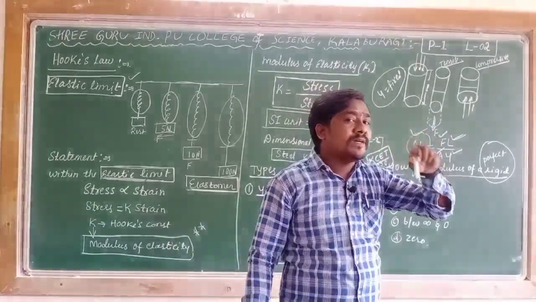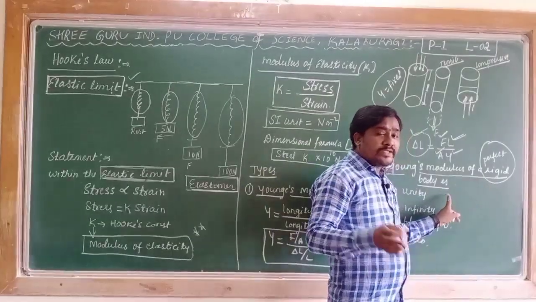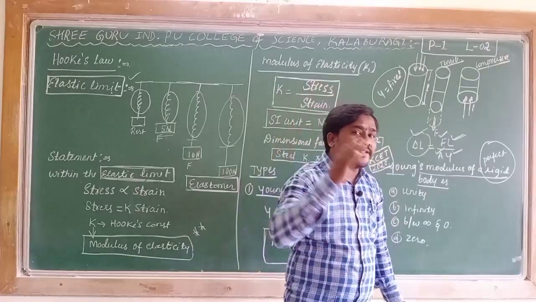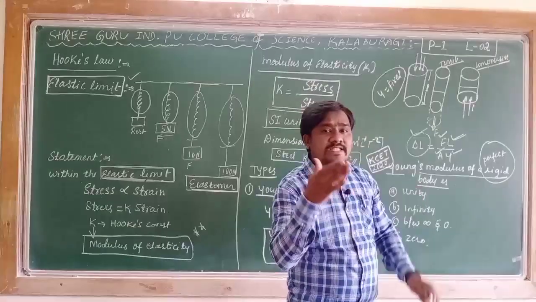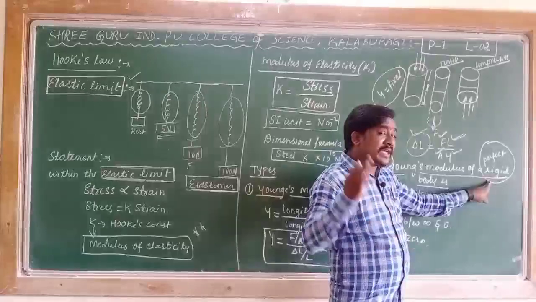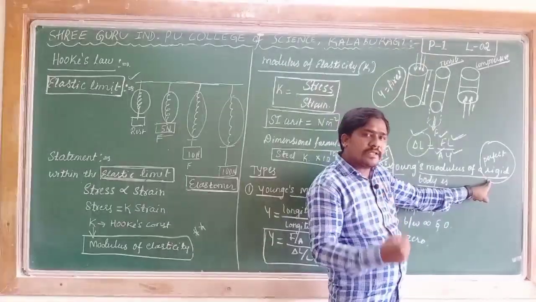This type of material we call a perfect rigid body, which is not going to change its shape or size after applying a force. That force we call a deforming force. That means in a perfect rigid body we can apply a stress, but that body does not gain a strain.